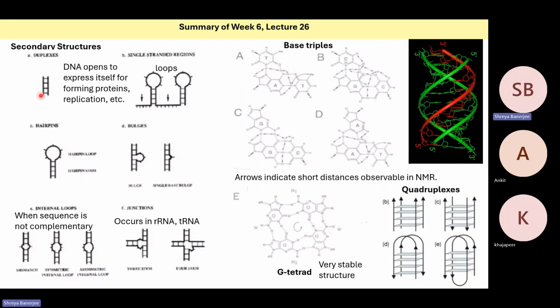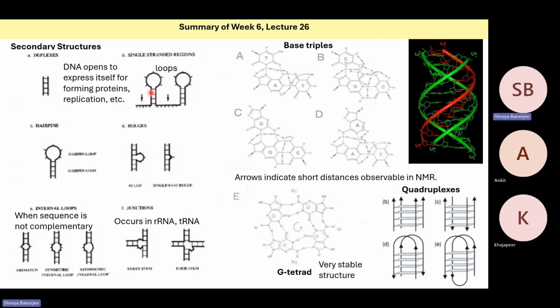So far we have seen this kind of structure, which is the normal duplex, where there are two strands of nucleotides and there is base pairing between them. Now, when the DNA needs to express itself to form proteins or for replication, the double-stranded structure needs to open up.